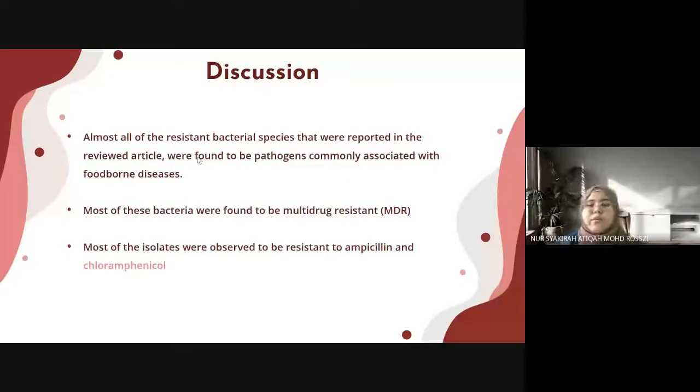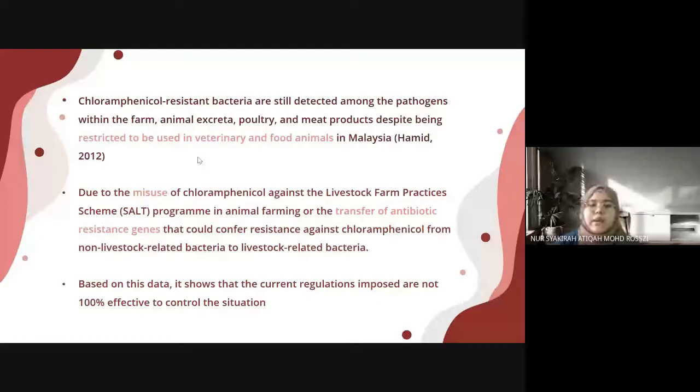We can see that most of the isolates were observed to be resistant to ampicillin and chloramphenicol. Chloramphenicol is actually one of the restricted antibiotics for use in veterinary and food animals in Malaysia. However, we can still see that chloramphenicol resistant bacteria are detected among the pathogens within the farm, animal excreta, poultry, and meat products.